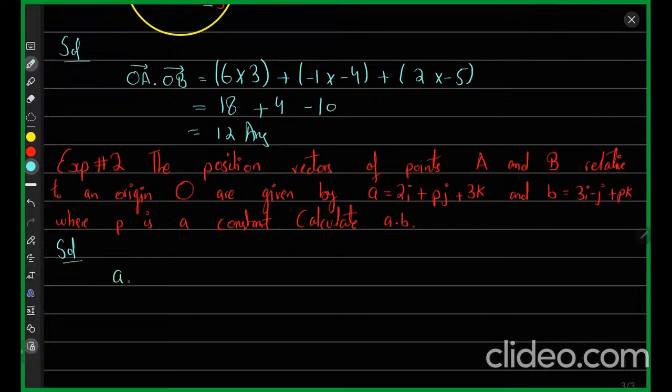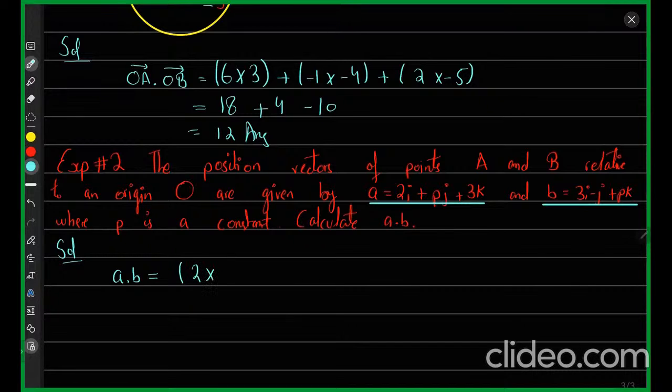So A dot B is basically the dot product of vector A and vector B. Now this time around the form was not the column vector form, it's given as ijk. Still the idea is the same, I'll multiply the i components with i, j with j, and k with k.